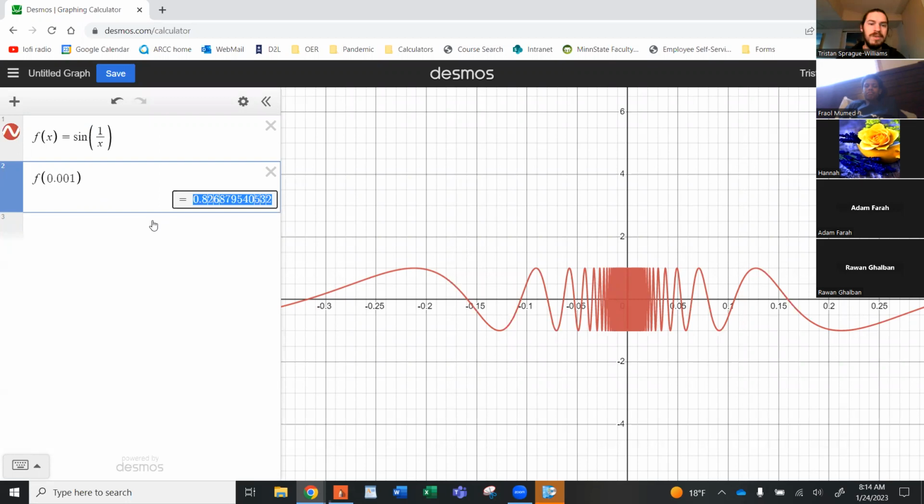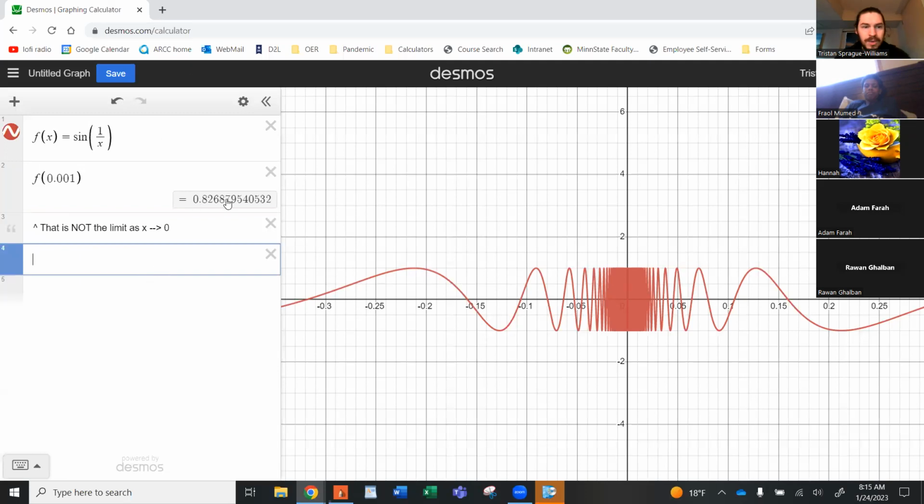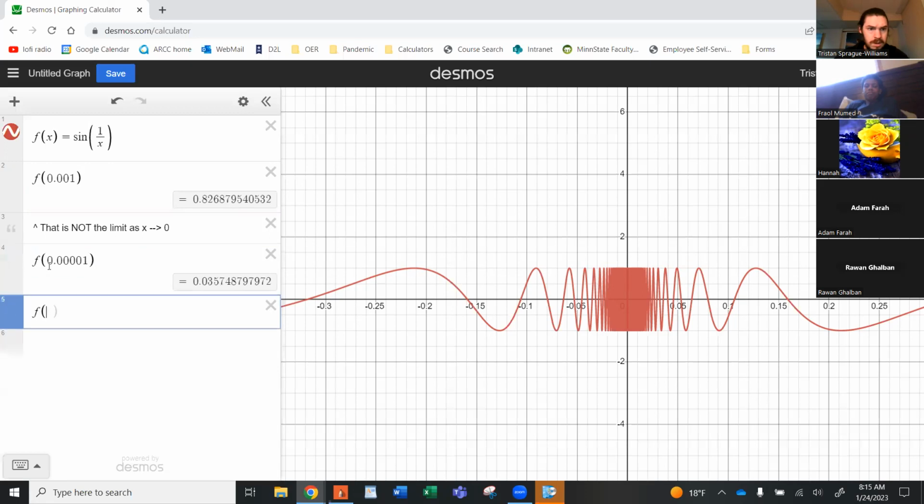This would be the wrong answer. The reason is that look what happens when you do a couple of other numbers. This was 0.001. Here we have 0.0001 and 0.00001.